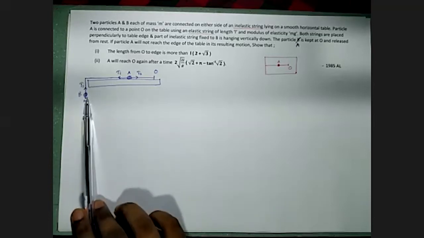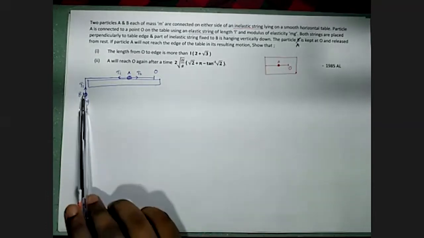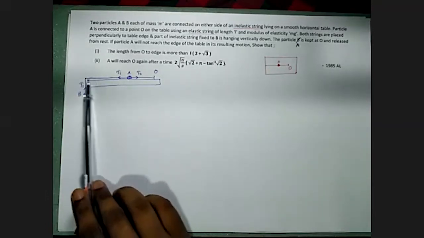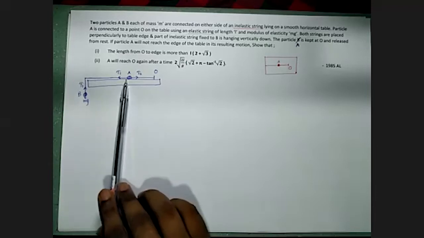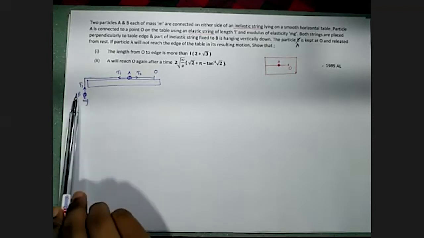It will move down as one unit because these two are connected by an inelastic string which is not going to extend. Because of that reason, both A and B will move, B down and A to the left-hand side, as one system.